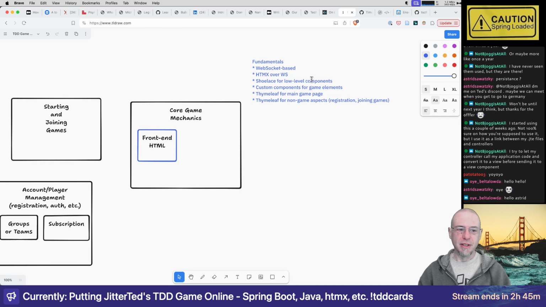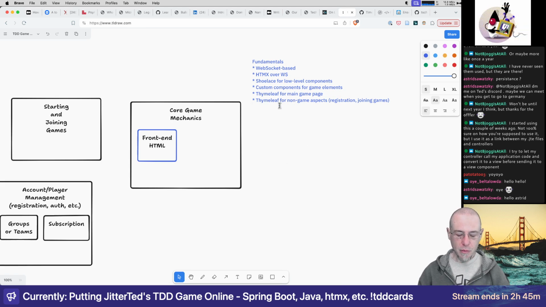All the stuff in starting and joining games, account and player management, all that kind of stuff, that'll just be regular Thymeleaf because that'll just be regular, good old HTTP. But it'll be custom components for the rest.